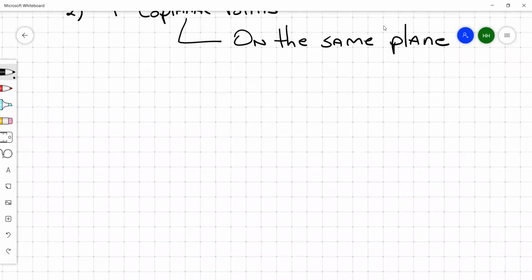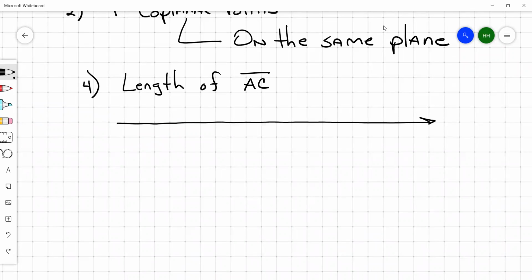All right, so number 4 here. What is the length of segment AC? And you're given a number line. On this number line, point A is at -5 and C is at 4.